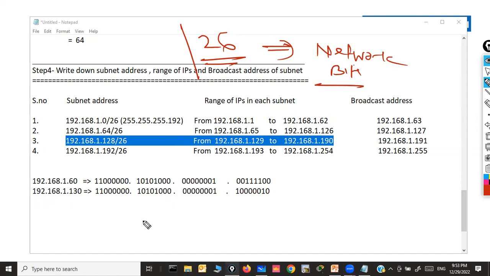So from binary also we can figure out, right? How? If you look at the bits here, 24 bits are the same, and here the 25th bit is 0 and here it is 1. Not the same, right? Only 24 bits are the same, not even the 25th bit. So they both will not communicate with each other.